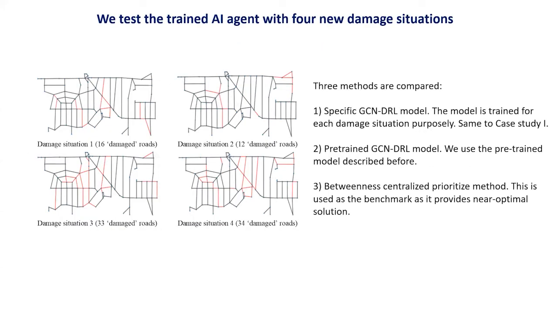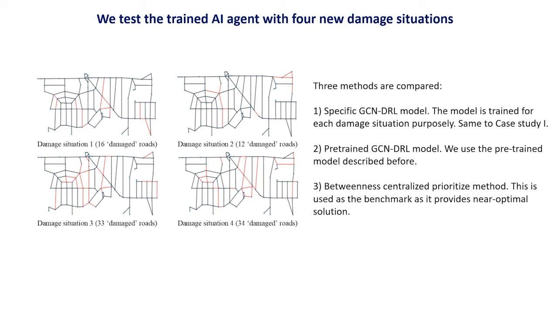However, we would like to test our trained AI agent with new damage situations. Here we propose 4 random damage situations. These damage scenarios have never been seen by our AI agent in the training process. And we compared 3 methods. First is a specific graph convolutional neural network model, which is trained for each damage situation purposely.